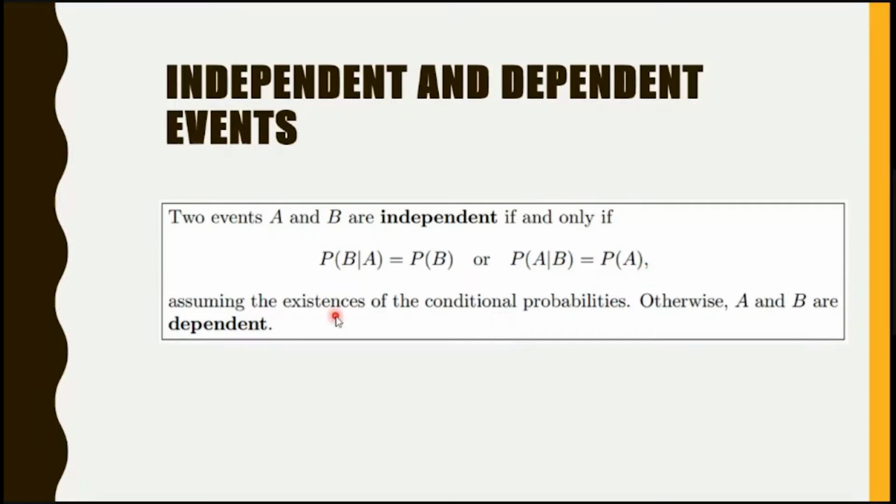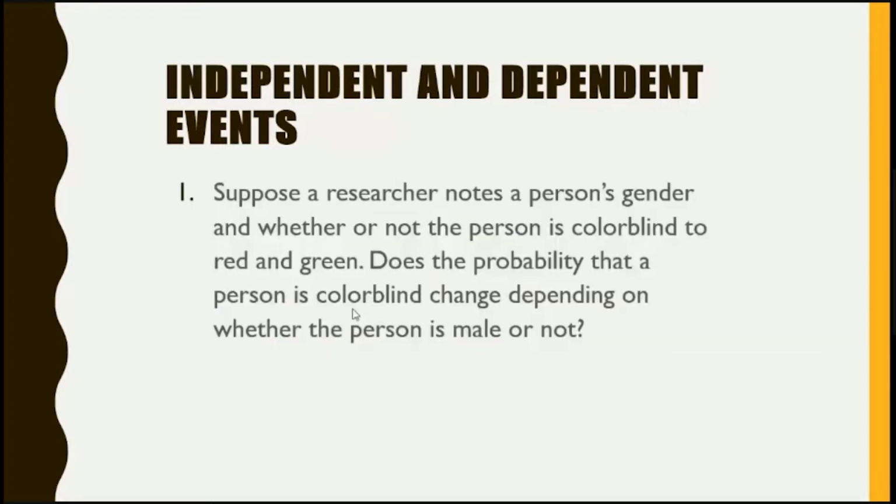Otherwise, they are dependent. Let's try to identify, so we will not solve this one, but we will just identify whether the events in the given statement are dependent or independent.